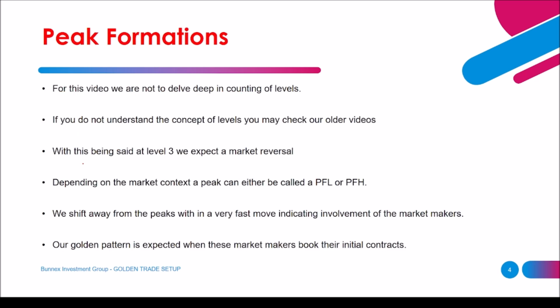So the first topic, as shown on the outline, is the peak formations. For this video, we are not going to delve deep into counting of levels, which is mostly taught on this channel. If you do not understand the concept of levels, you may check out our older videos. So basically, levels are impulsive rises or drops.